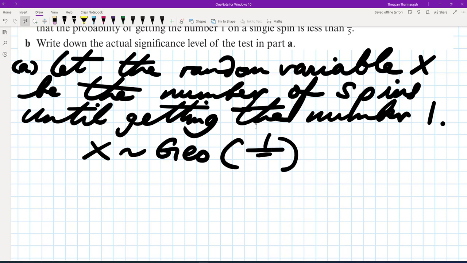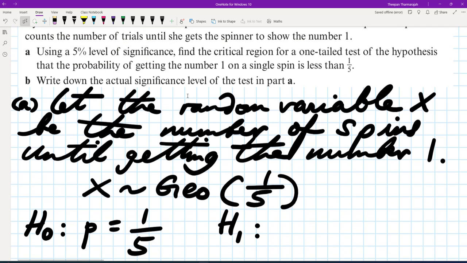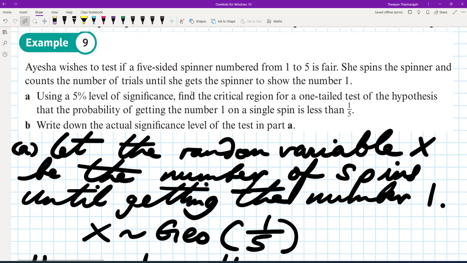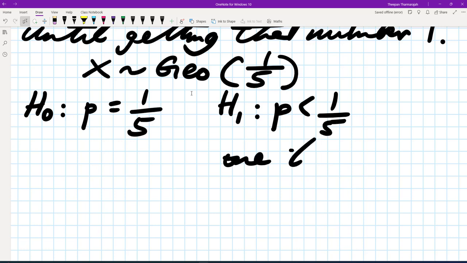So let's set up our null and alternative hypothesis respectively. H0: P is equal to 1/5. Go back to the claim now for the alternative hypothesis, H1. Let's go back to the question and read it. So it's less than 1/5. That implies that P must be less than 1/5. Making it clear to the examiner, one-tailed test.